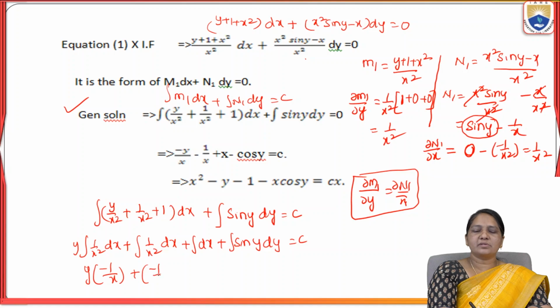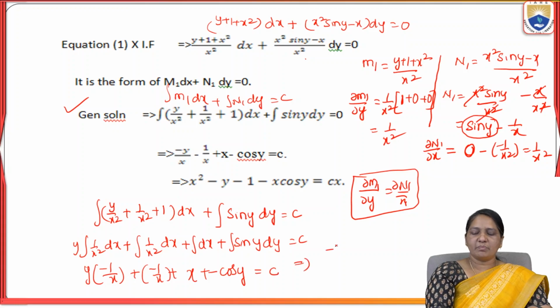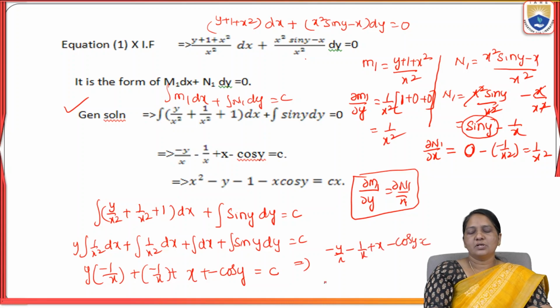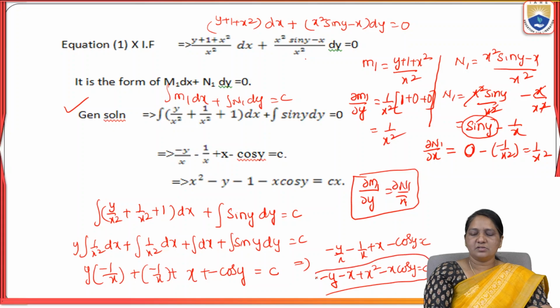Here also minus 1 by x, plus integral dx is x, plus integral sin is minus cos y equal to c. So finally this value is minus y by x minus 1 by x plus x minus cos y equal to c. So we are multiplying here with x. So minus y minus x plus x square minus x cos y equal to c. So this is our general solution.